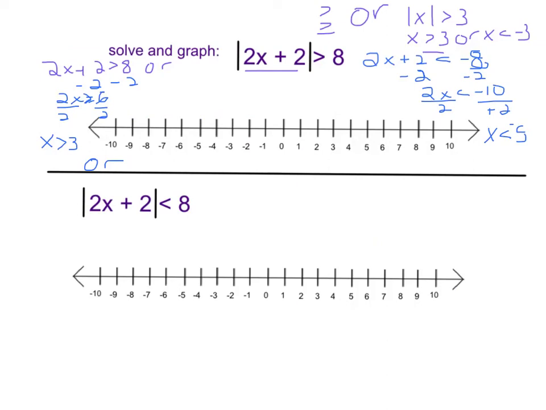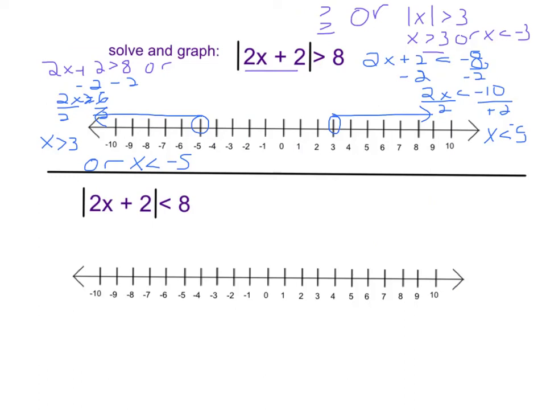So x has to be greater than 3, or x has to be less than negative 5. So to graph this, we have to go to the 3, and we're going to leave the circle open because it does not include 3, and it has to be all numbers greater than. And we're going to go to the negative 5, again open, and it's all numbers less than that.